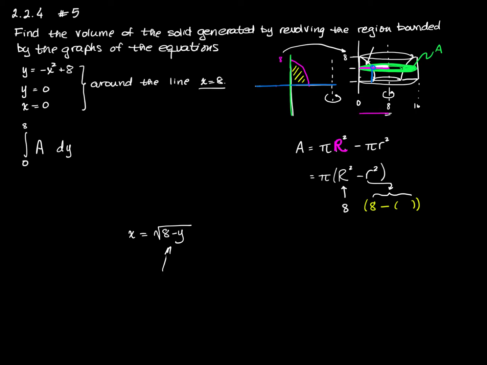I'm going to write this new version of my equation. I'll just make a note here that this is x, and x equals the square root of 8 minus y. All right, and I can erase that as well.